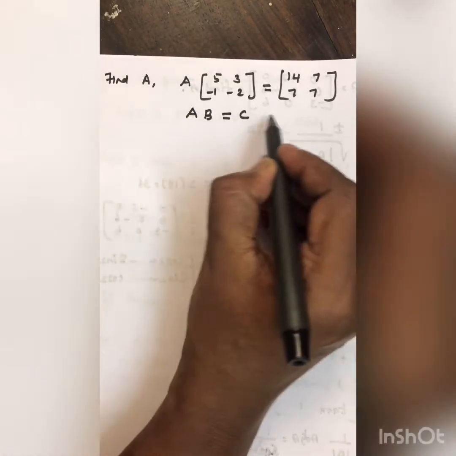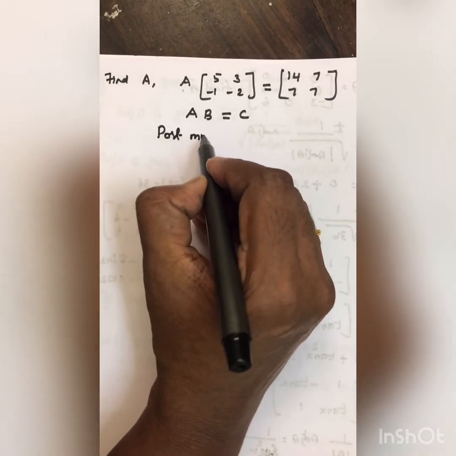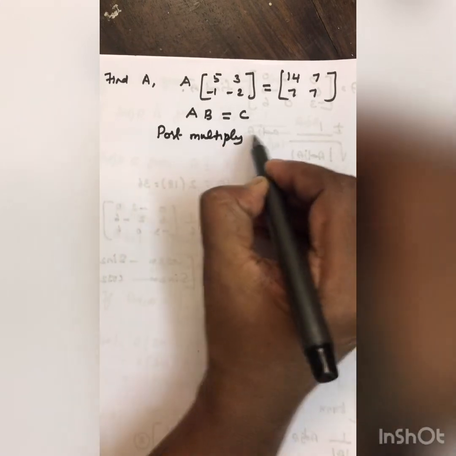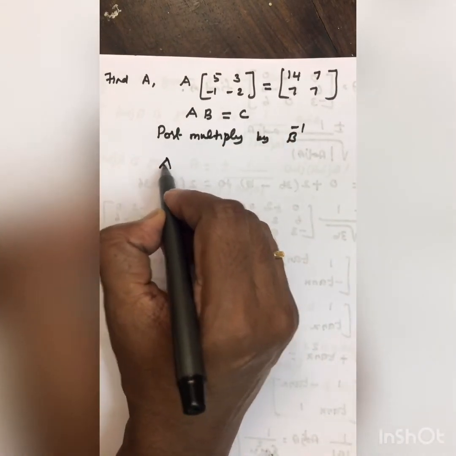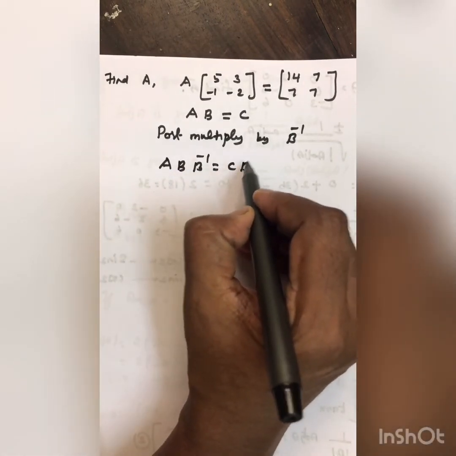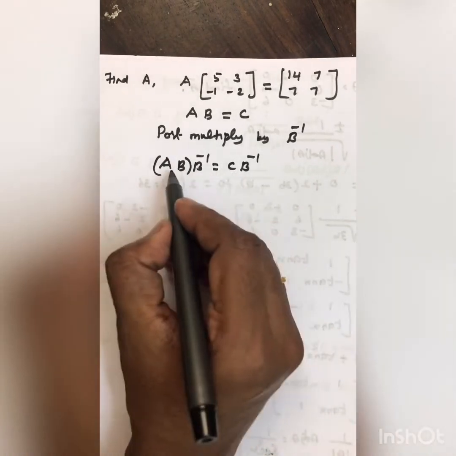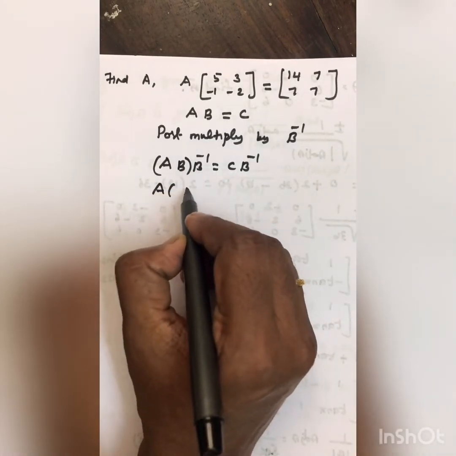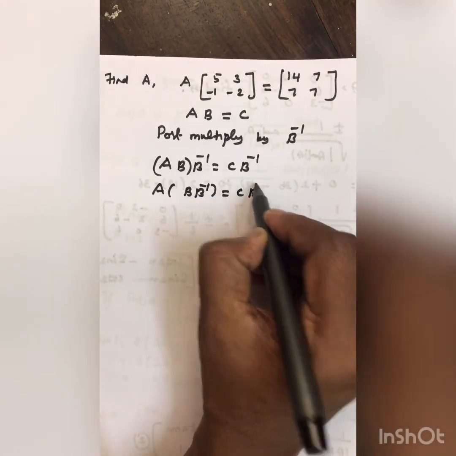So we post multiply, because it is on the right hand side, by B inverse on both sides. So what will we get? A B, then B inverse, C into B inverse. You know matrix product is associative, so I can write A into B B inverse, and C into B inverse.